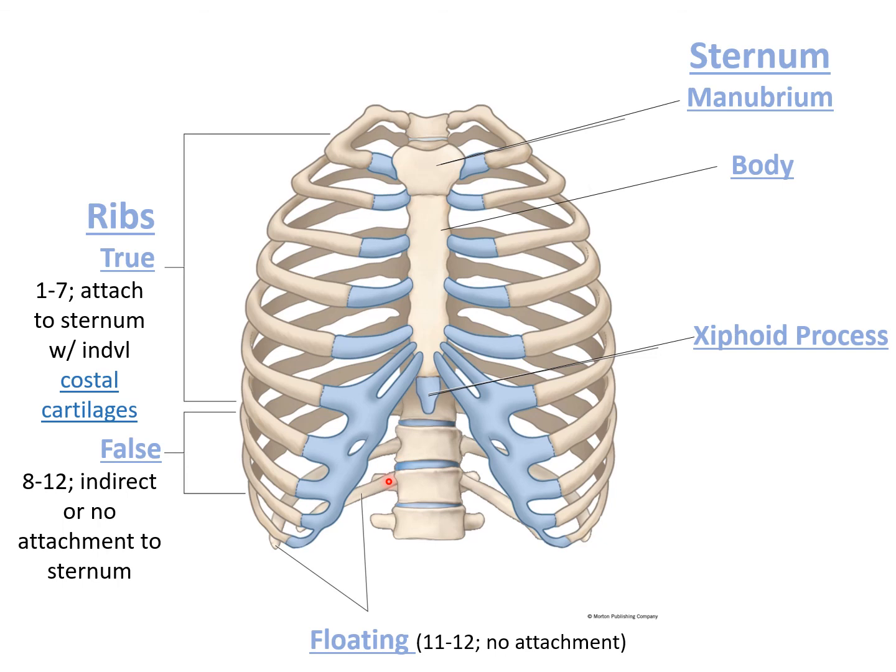Okay, these ones are going to just kind of be floating on the posterior side of your thorax. They are more or less protecting your kidneys in the back. Okay, so again, true ribs have their own costal cartilage. False ribs share a costal cartilage or have none whatsoever.